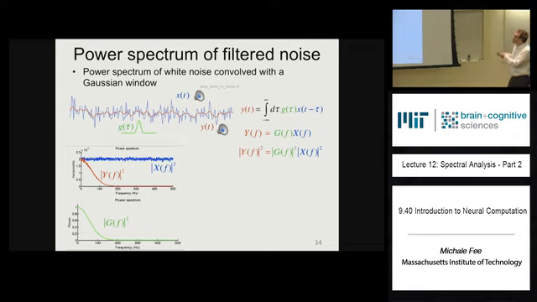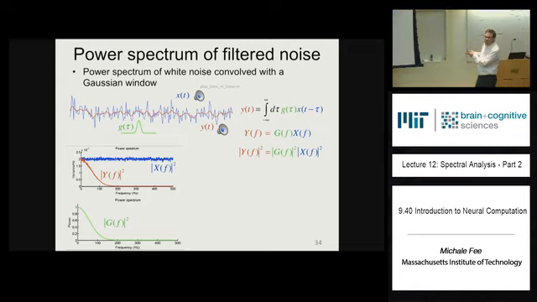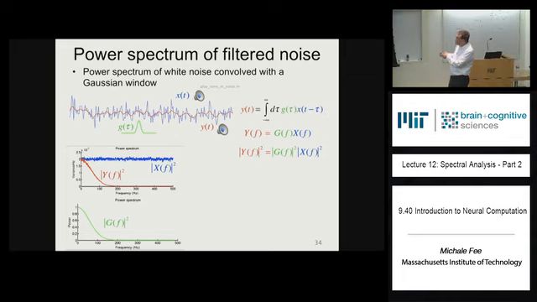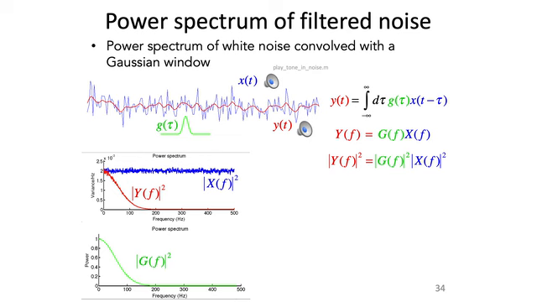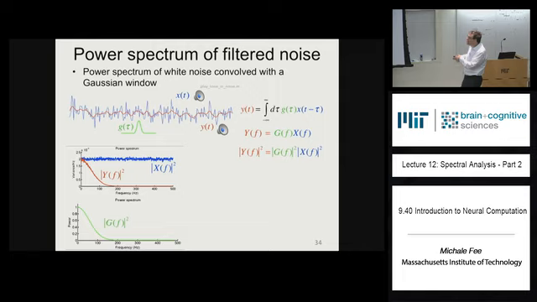So convolving our original blue signal with this green Gaussian kernel smooths the signal, gets rid of high frequencies. In the frequency domain, that's like multiplying the spectrum of the blue signal by a function that's 0 at high frequencies and 1 at low frequencies.